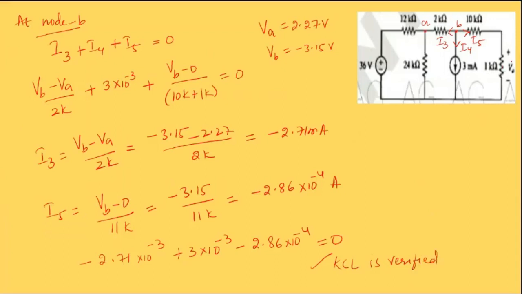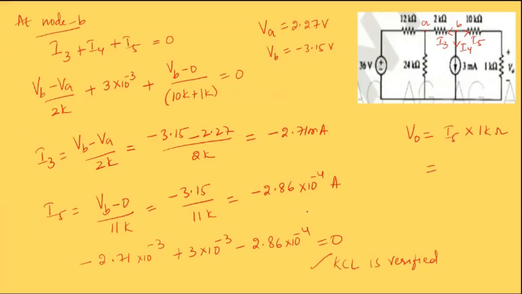Now we want the value of V naught at this 1 kilo ohm. So V naught is nothing but the value of the resistor and the current flowing through it. So the current is I5 and the value of resistor is 1 kilo ohm.